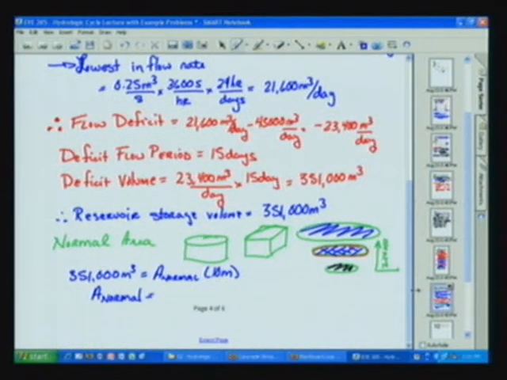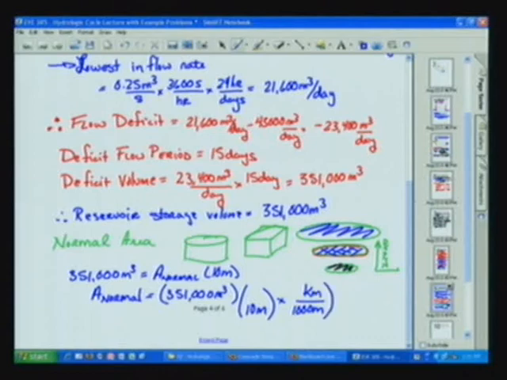So our area normal is going to be 351,000 cubic meters divided by 10 meters. Okay. And then there are 1,000 meters in every kilometer, and we'll square that to make our units work out, which means we have 35 thousandths of a square kilometer in average area.